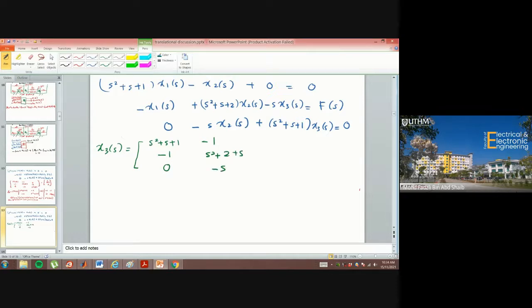Okay, in order to find x3, we need to cover this column and put the right-hand side into this column. Then close. We just copy the end of it: 0, F(s), 0.